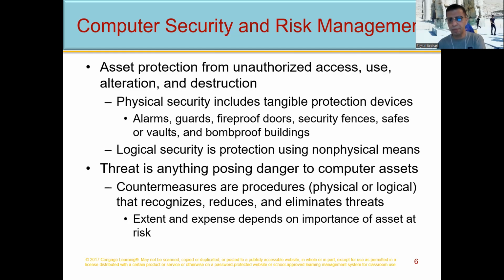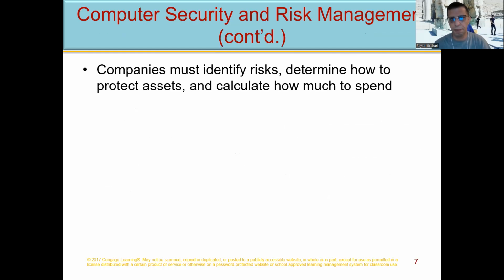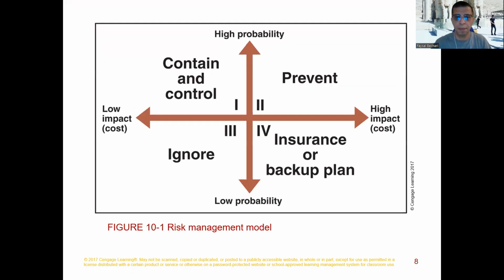The extent and expense depend on how important the asset is and how you minimize, or mitigate, that risk. Companies in the beginning must identify risk, determine how to protect assets, and calculate how much to spend on protecting that asset. So if we look at this, you're looking at high probability, low probability, low impact, and high impact. And we'll explain this in detail.